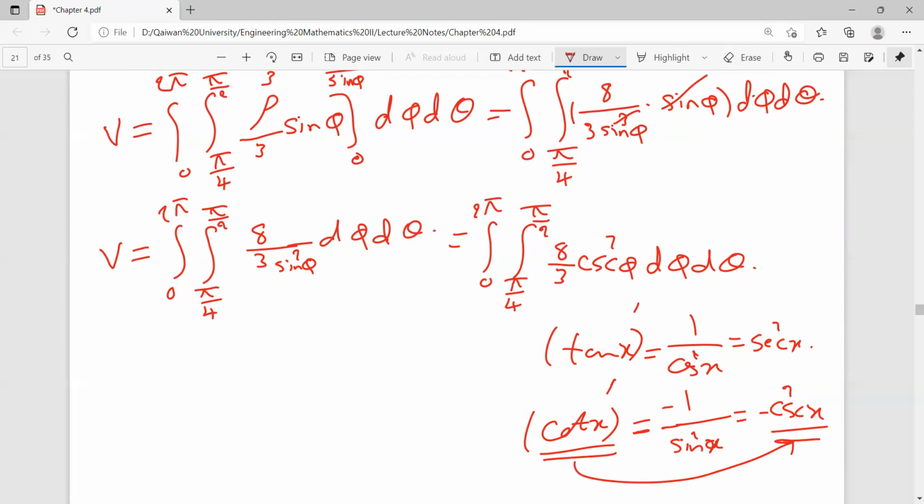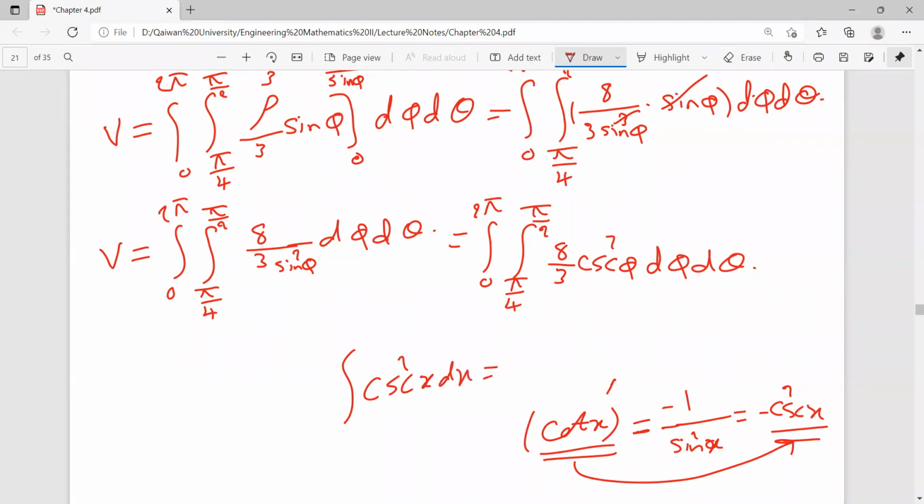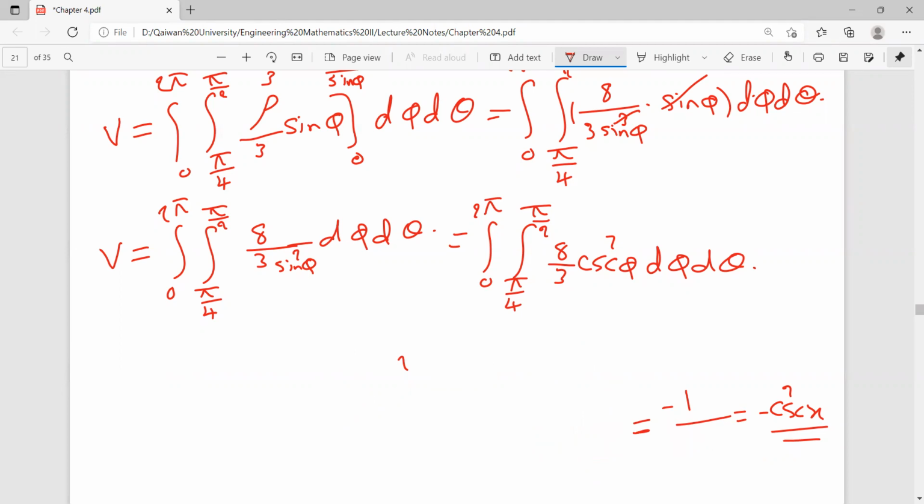That means the integration of cosecant squared of x dx equals minus cotan of x, because the derivative of cotan is minus cosecant squared. That means the integration of cosecant squared of phi is minus cotan of phi.